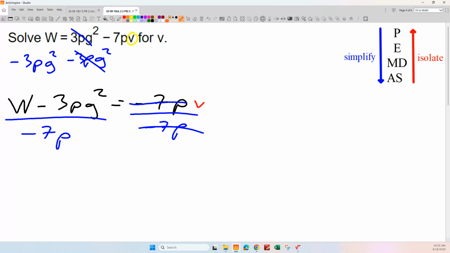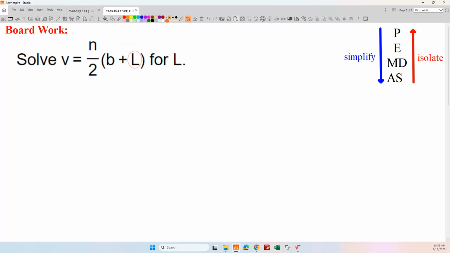Okay? All right, you guys go to the boards and try one of those. Solve that formula. Oh, real quick, before you do, remind me about something. Everybody look up here. What am I going to do first here before I even begin isolating? There's something that looks a little goofy about that. Can we rewrite that in a better way? Yeah, okay, good.